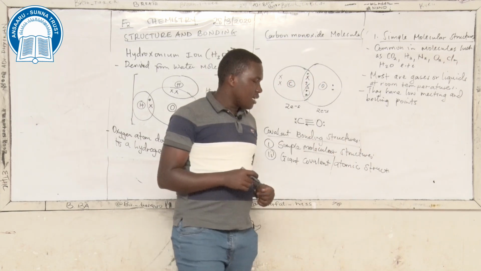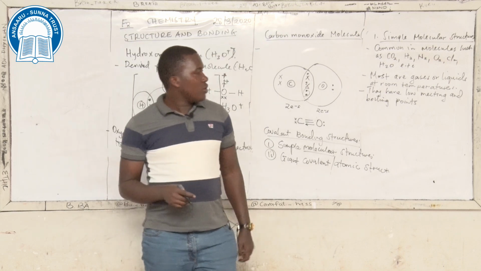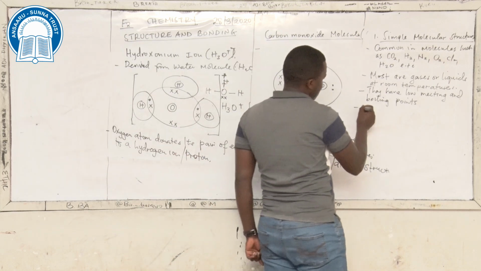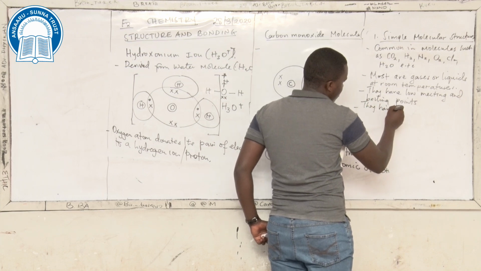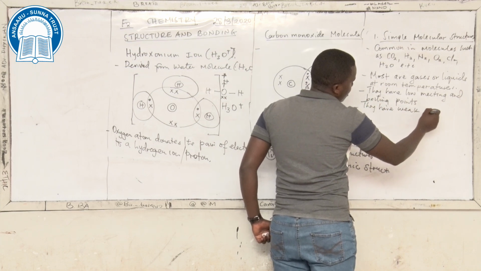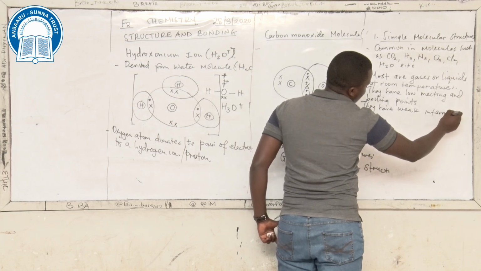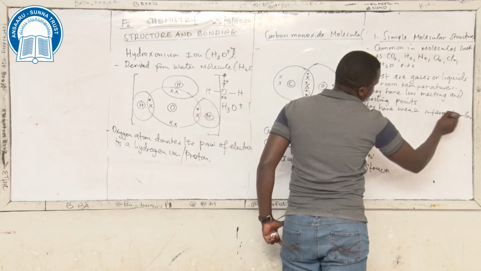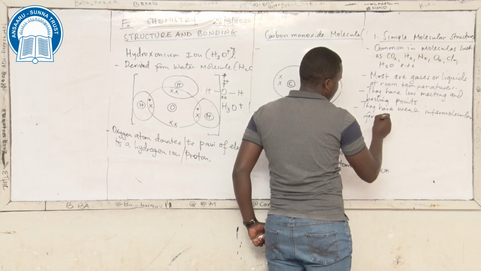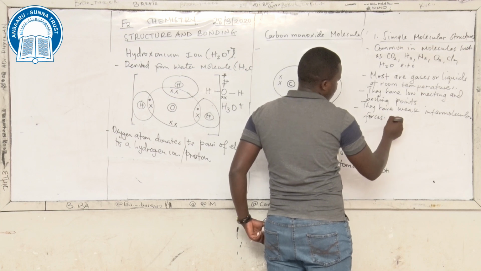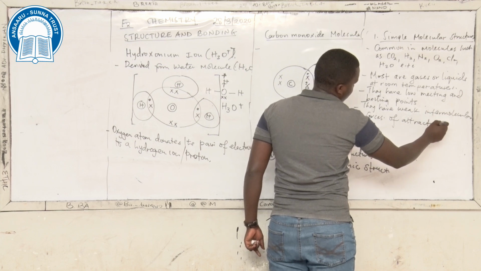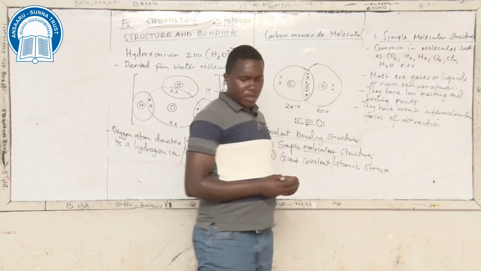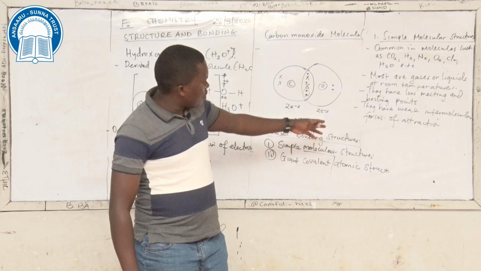forces, because we have said they are mostly molecules, we have what we call the intermolecular forces. So this is because they have weak intermolecular forces of attraction. I'll dwell more on this.